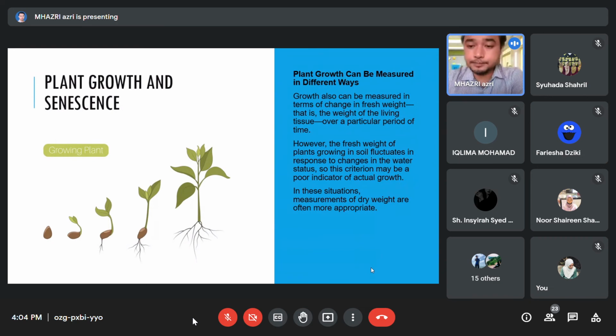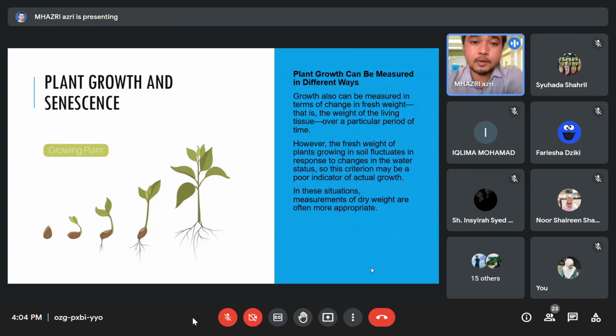Okay, however, fresh weight is affected by the water status in the plant. Sama macam volume tadi, atau size tadi. Kalau kita ambil pokok tu waktu pagi, where the plant turgor is very high, kita dapat fresh weight dia sedikit tinggi.